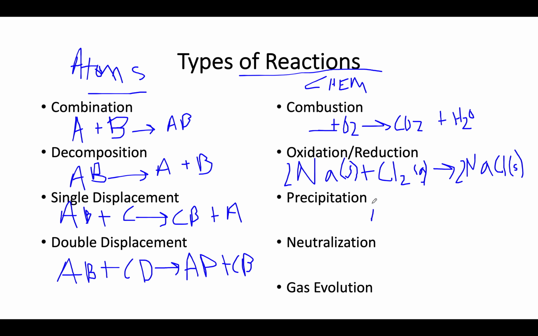Precipitation is when you see something like silver chloride form out of two solutions. So silver nitrate and sodium chloride form silver chloride. That's a precipitation reaction. Neutralization is an acid and a base. So that's HCl, and then we can have any kind of base here, so I'm putting in sodium hydroxide.